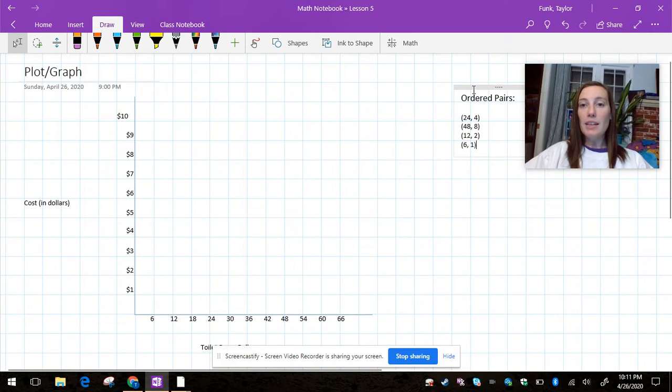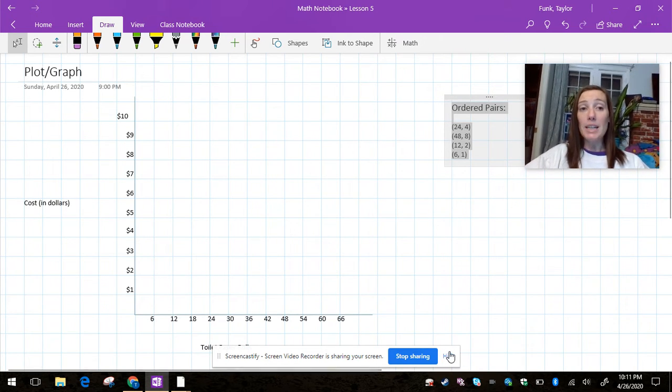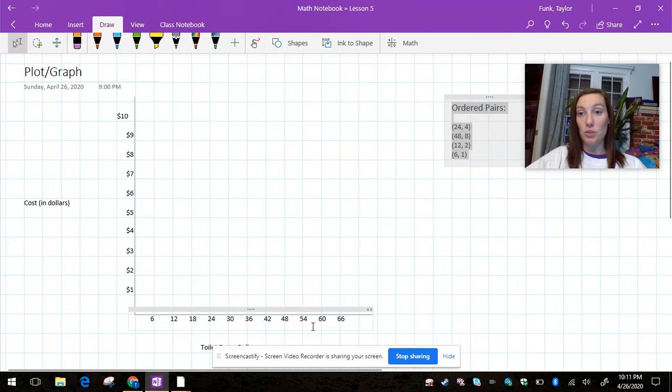Now, I was hoping to make this graph for you while you were watching, but it took a long time. So I want to tell you that what I did was I noticed that all of my possible solutions were multiples of 6. So that's what I made my x-axis, multiples of 6, so it'd be easy to plot.